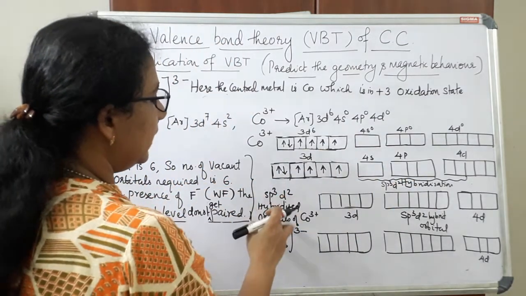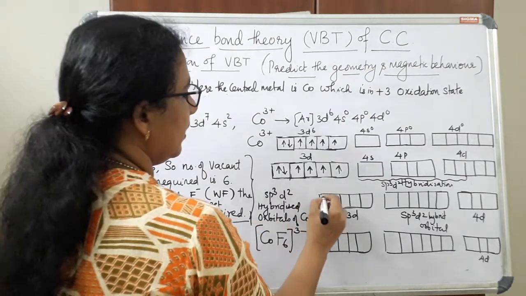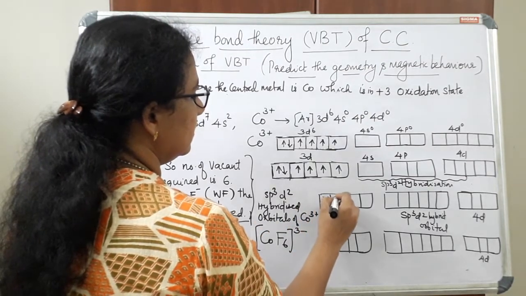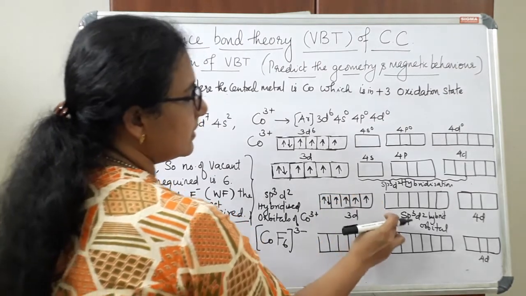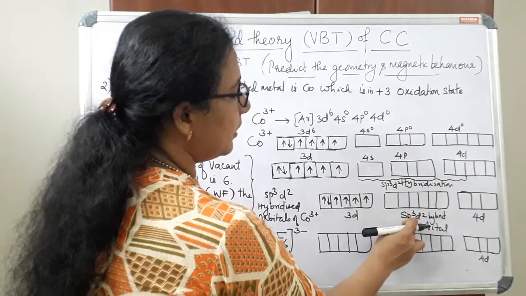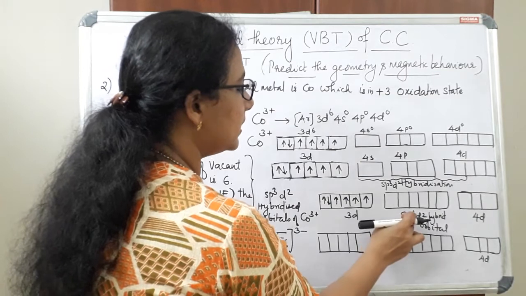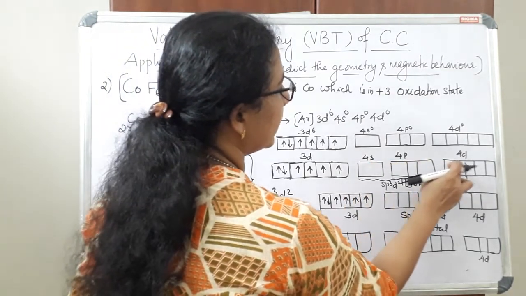Now the sp3d2 hybridized orbitals of Co3+ are actually like this. This will be the same, and this is the new set of orbitals, called hybrid orbitals. They are actually sp3d2 hybrid orbitals. So 1, 2, 3, 4, 5, 6.